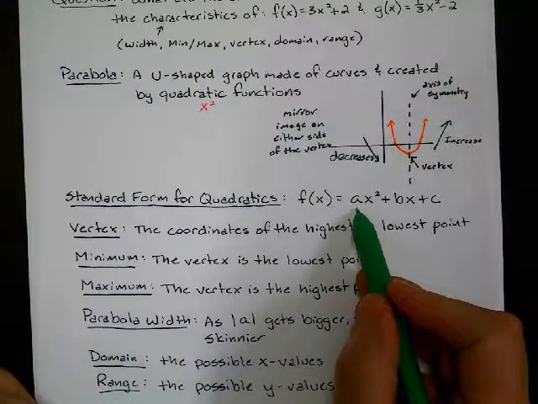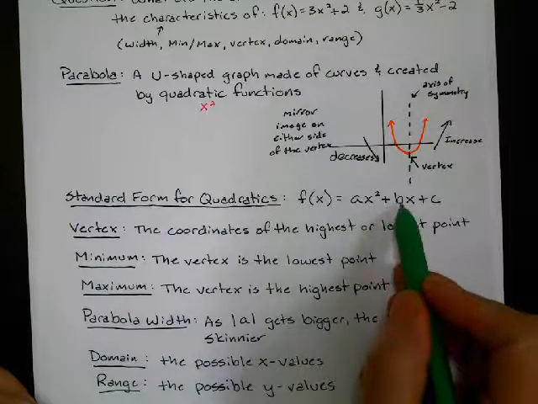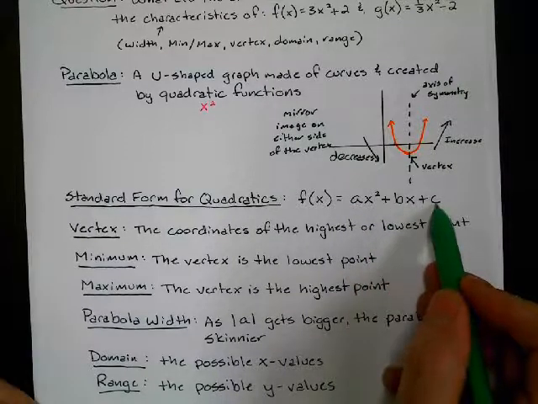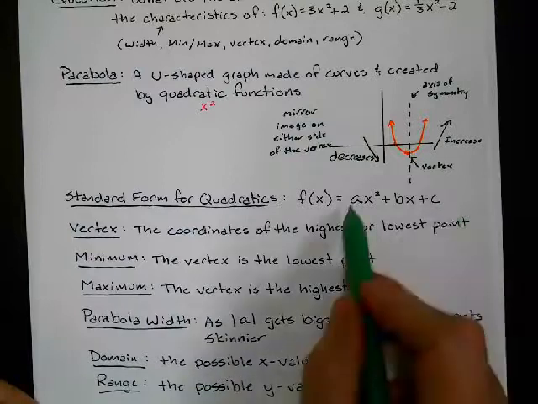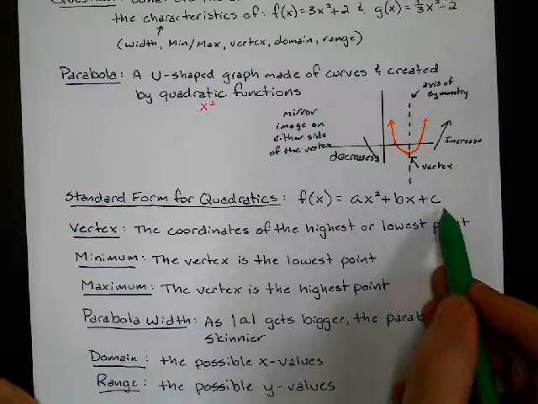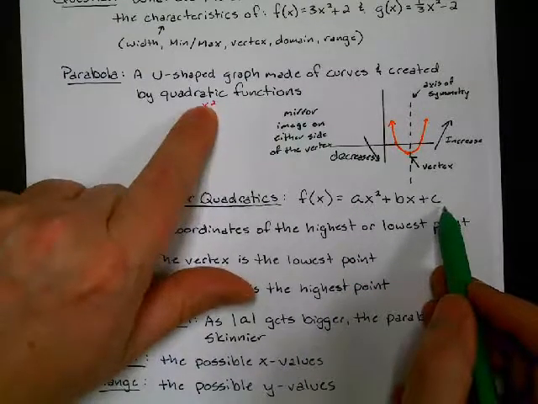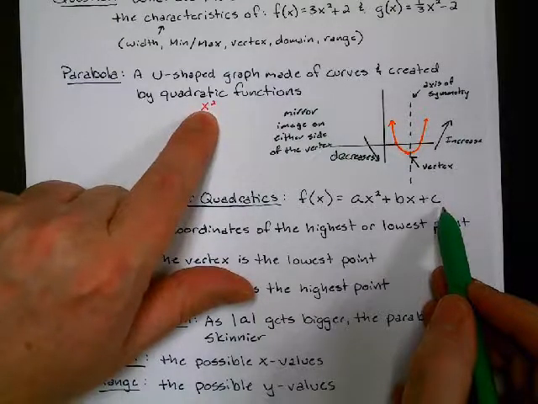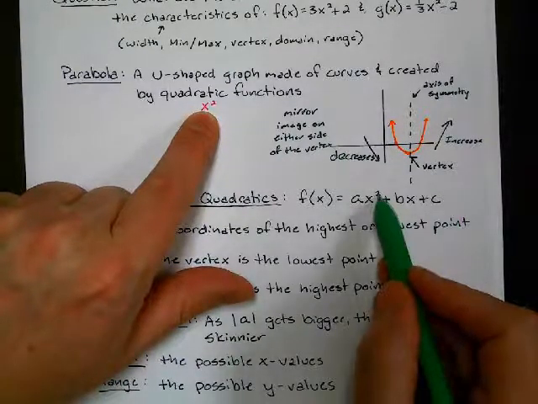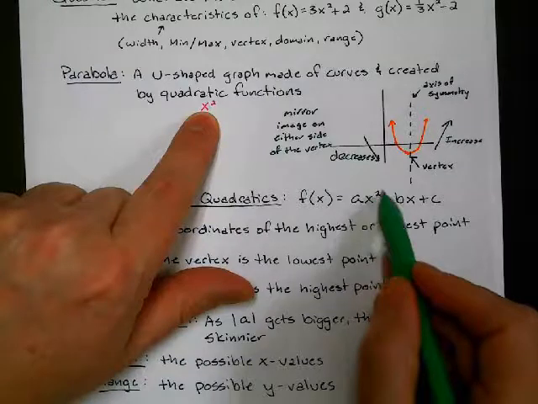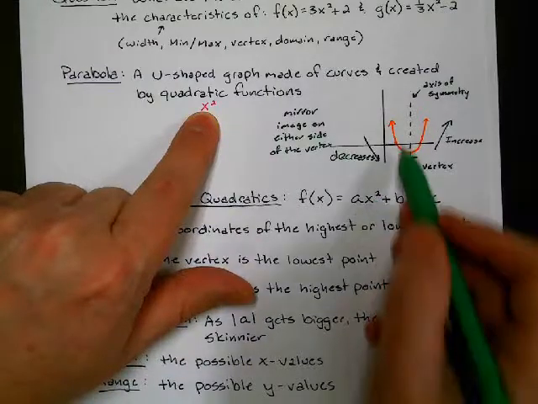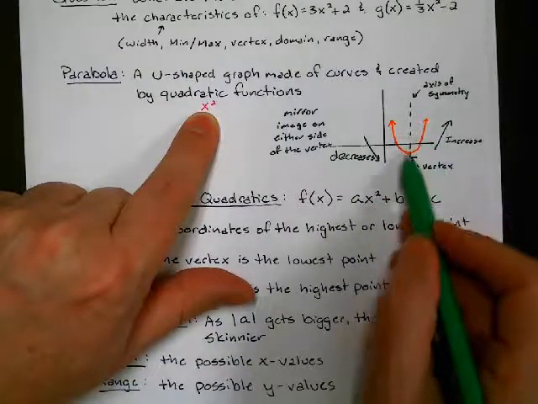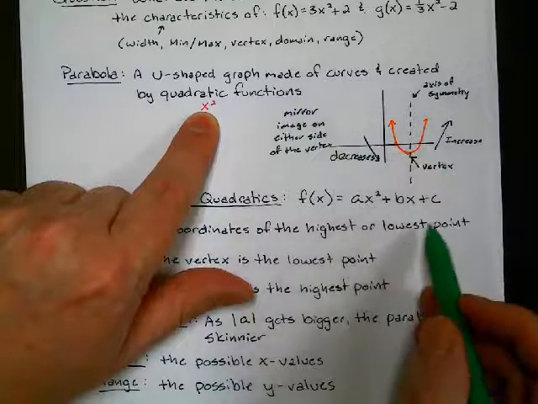So this could be like 3x squared plus 2x plus 5 or something like that. This would be standard form. Notice it's in descending order. And again, like we said before, our highest degree is to the second power. So anytime we have a second power as our highest degree, it's going to make a parabola like this. It's going to make these U shapes.